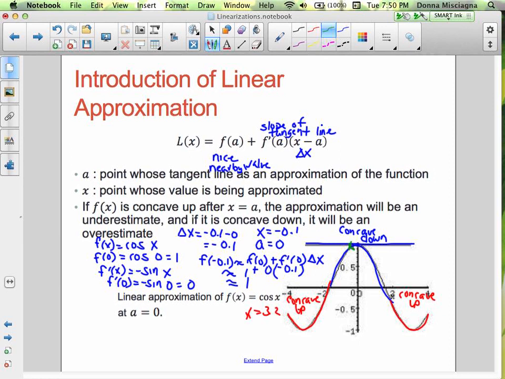So f of negative 0.1 is an overestimate, since f of x is concave down near x equals negative 0.1.